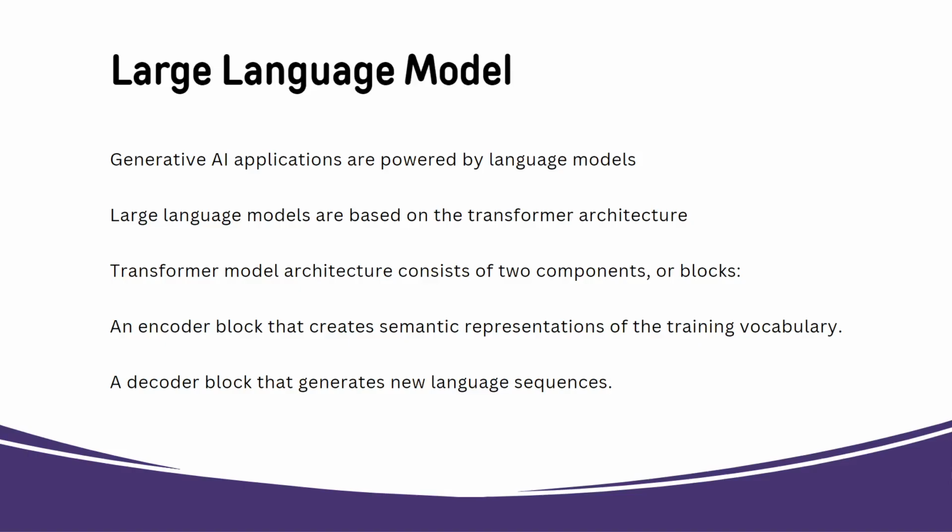And why did the outbreak start, and why does it perform better than any earlier deep learning or artificial model? Because it has the large language model. The large language model is, you can say, the fuel of generative AI, and it is built fully on the transformer architecture. The transformer architecture has an encoder block and a decoder block.